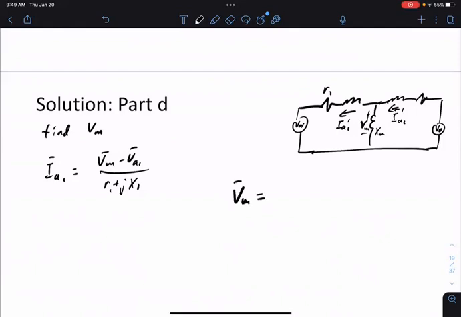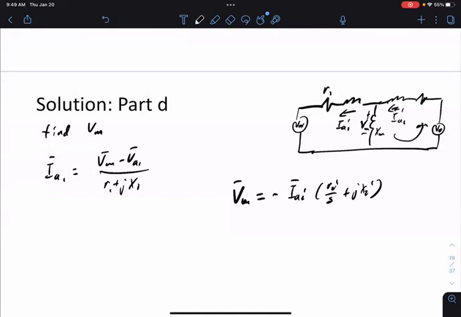Well, VM is equal to negative IA2 prime times R2 prime over S plus JX2 prime. So this is the only tricky part. This comes from adopting Kirchhoff's current law in this circuit.